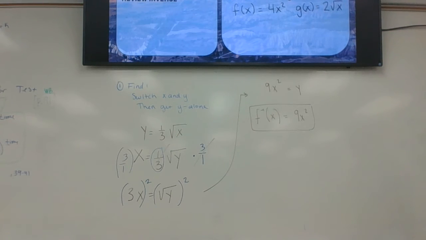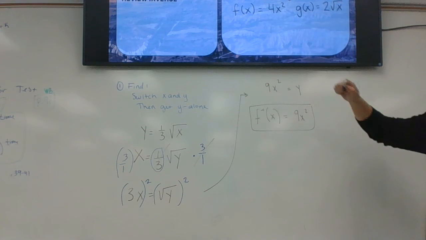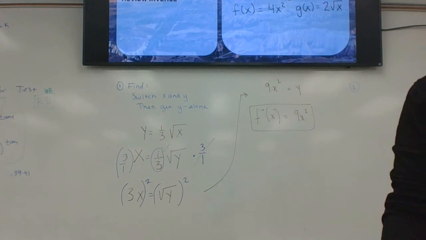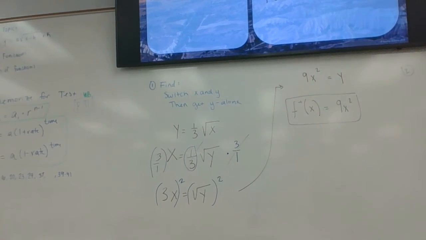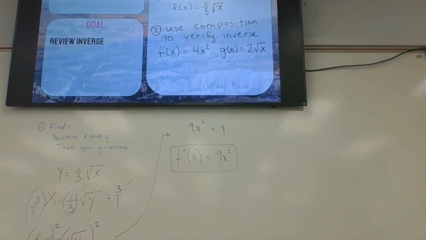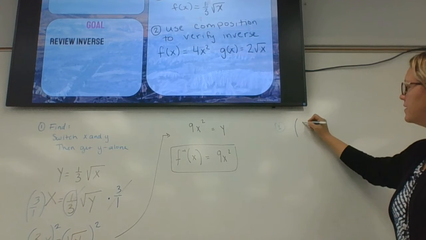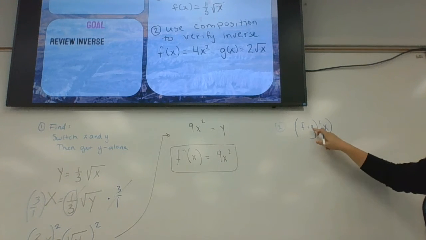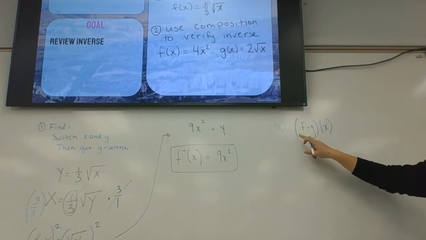Okay. So number 2 says use composition to verify inverse. So we're wondering if this and this are inverse functions. And you can prove it doing f of g and g of f. So we're going to do the f of g, which means you take whatever g is and you put it into f.